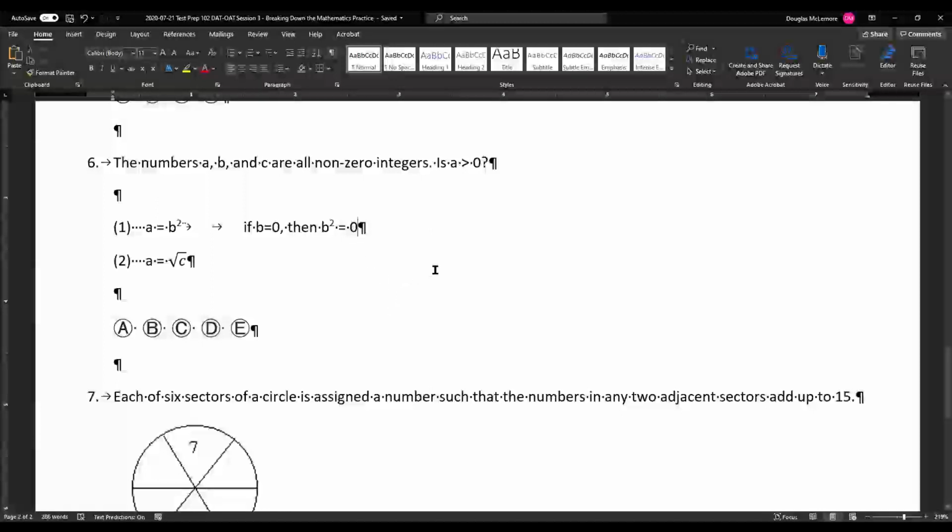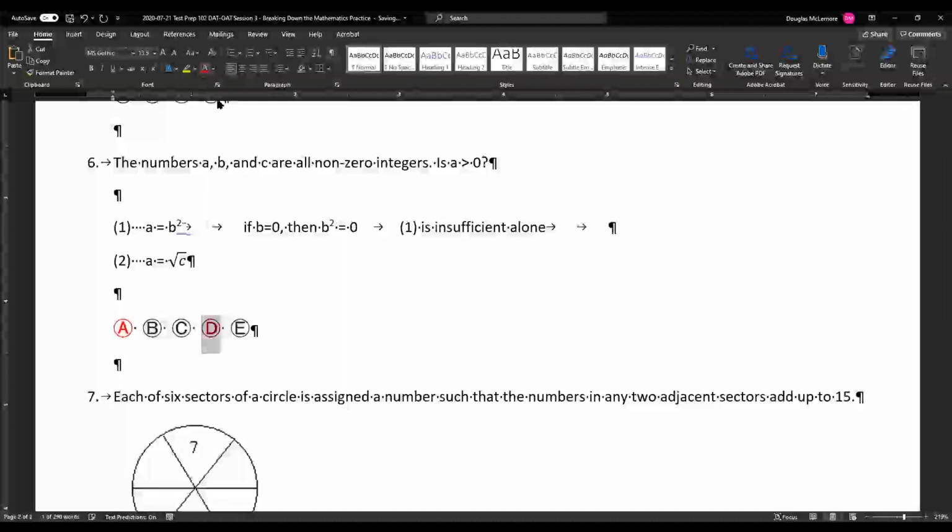That is not sufficient. It tells me that it sometimes is, sometimes not, just on this fact alone, because it says greater than 0, not greater than or equal to 0. So 1 is insufficient alone, which means we can eliminate A and D, because 1 is not sufficient alone.